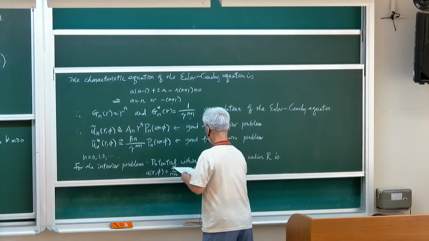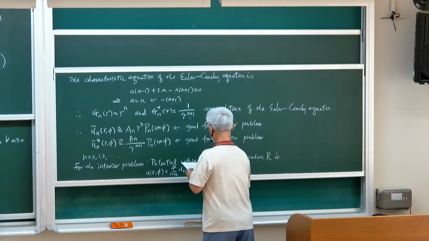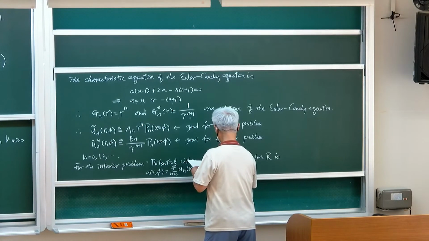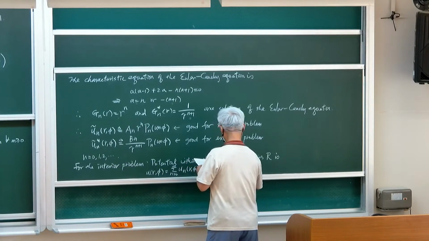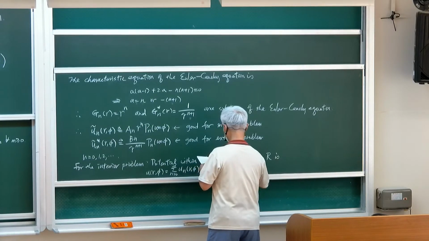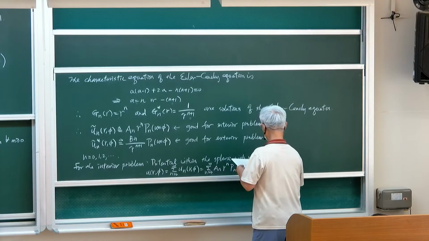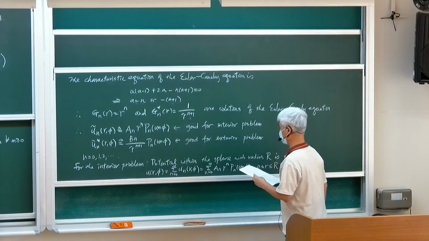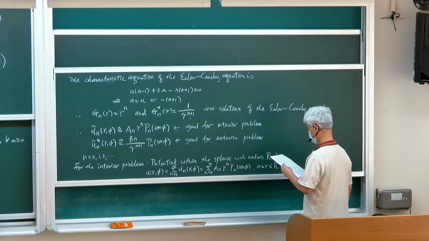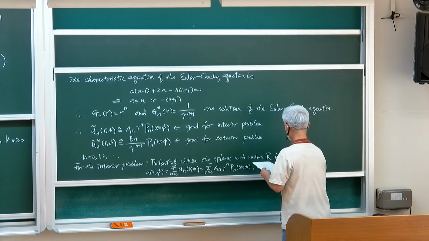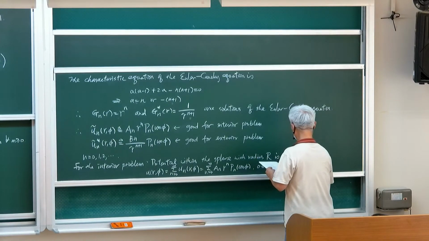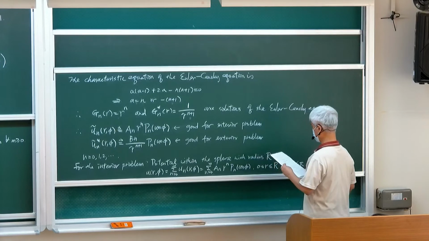So this is the sum over n equal to 0 of A_n r^n P_n(cosine phi).